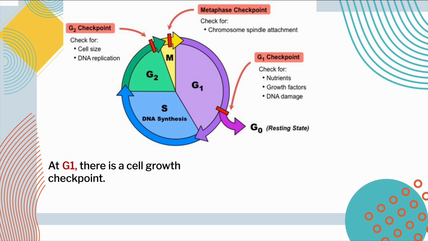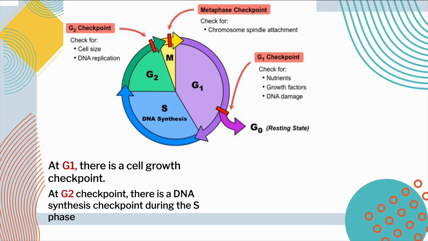During this checkpoint, it checks whether the cell is big enough and has the proper proteins and nutrients for the synthesis phase. If the cell is not big enough or not ready to go on to the next phase, it enters the G0 phase, as you can see on the diagram. So here is the G0. In G0, the cell is in the resting phase until it is ready to move on.